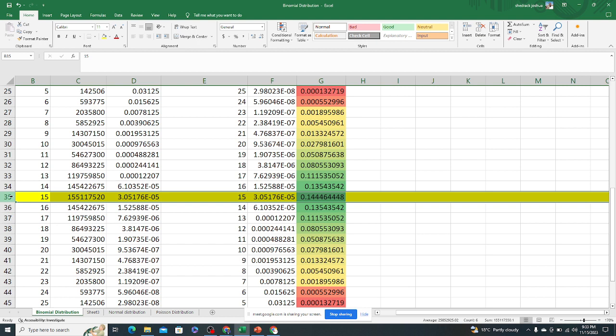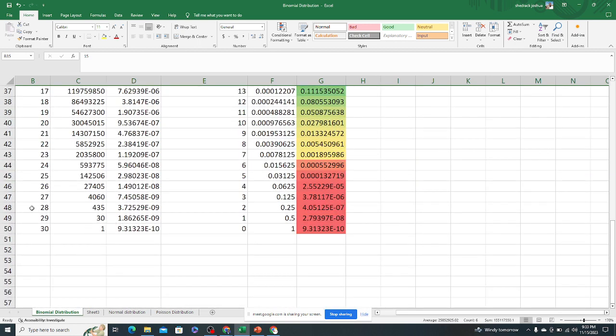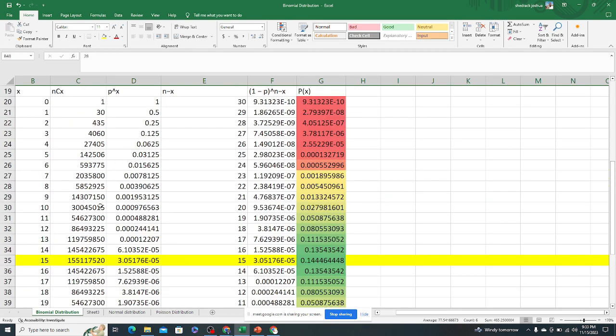You'll find that the probability of having 15 bulbs lighting will be higher compared to the probability of having 27 or 28 bulbs lighting. Also, the probability of having 3 bulbs lighting is less compared to that of having 15 bulbs lighting.